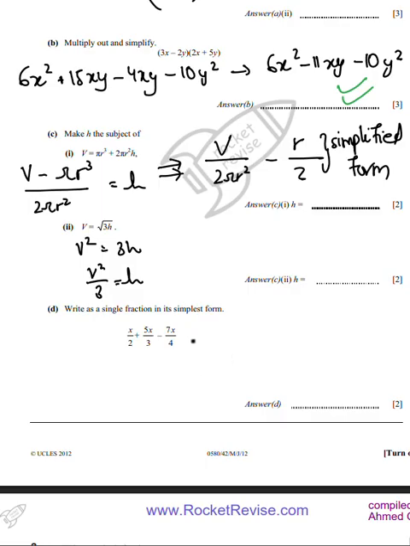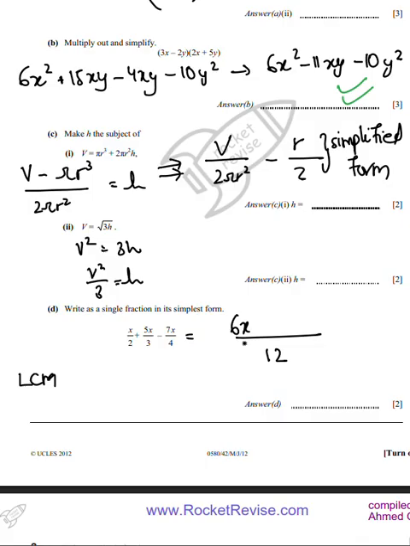Good. So find the LCM first. The least common multiple for all of them is 12. Okay, what's 12 divided by 2? 6. And 6 multiplied by x will become 6x.